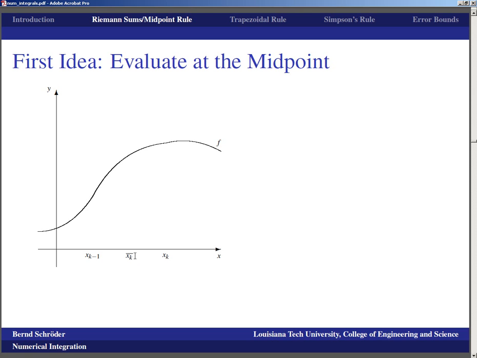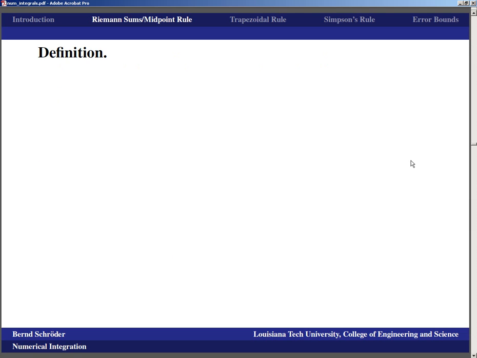Well, the midpoint will be called xk bar throughout. And so that would be here, and so then the value would be f of xk bar, and our rectangle would be something that typically, for a typical subinterval, there would be a little bit sticking out, so a little overshoot, but it's paired with a little undershoot, and hopefully those will cancel so that we get closer to the actual answer than we would get otherwise.